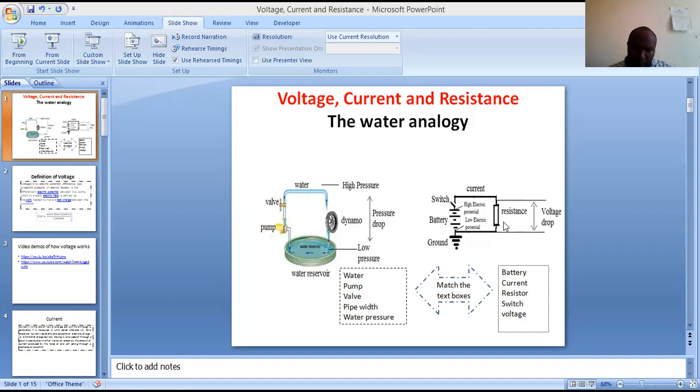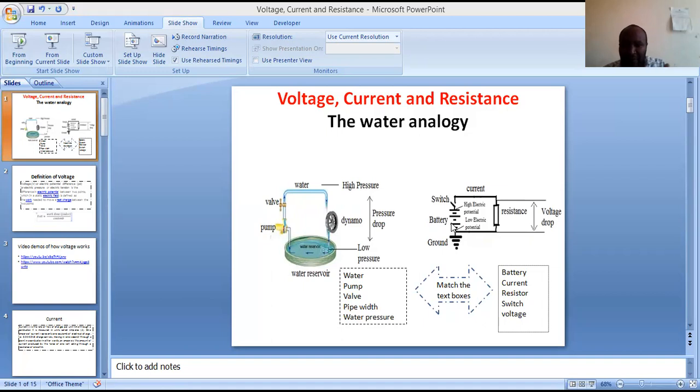Now, what usually happens is current is actually the flow of charges through the circuit, and the charges we are talking of in most cases are electrons.